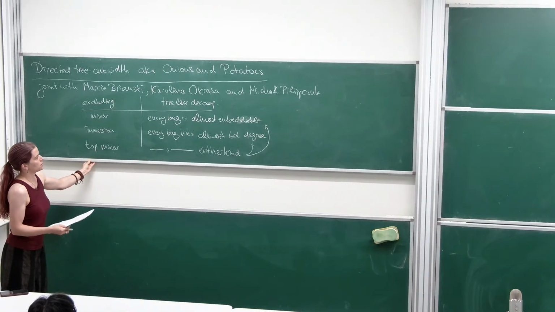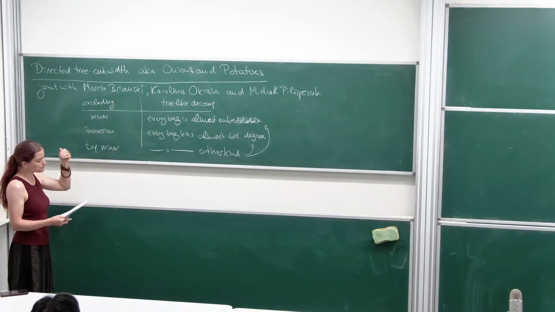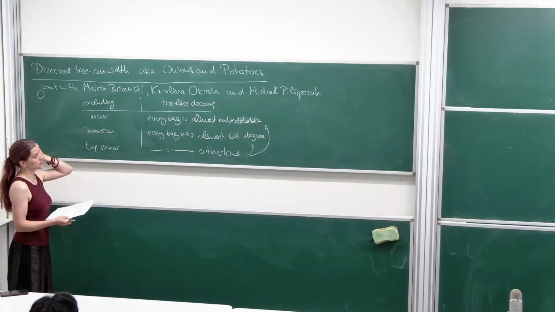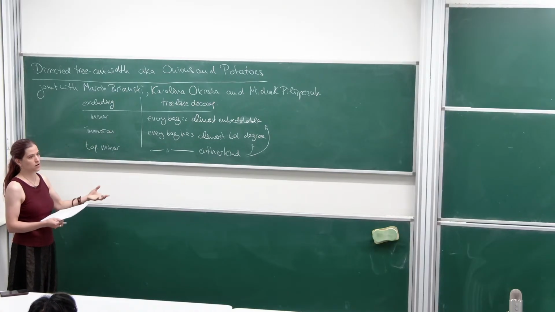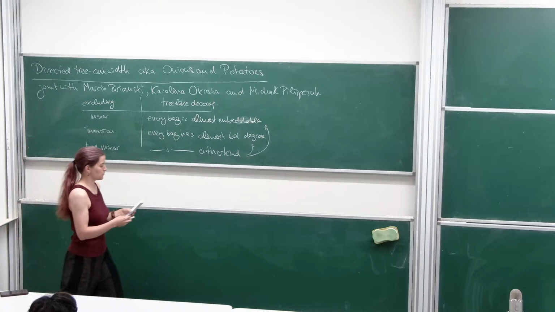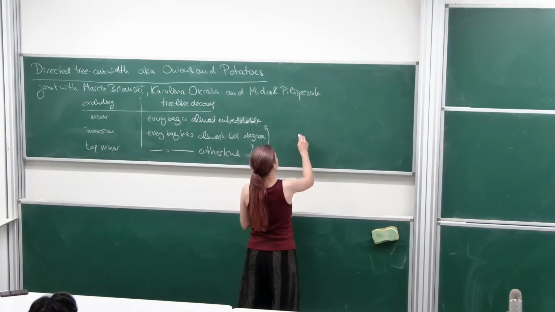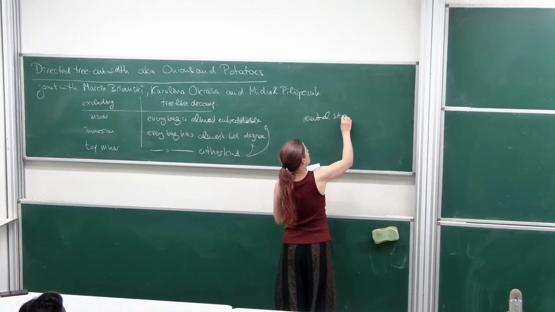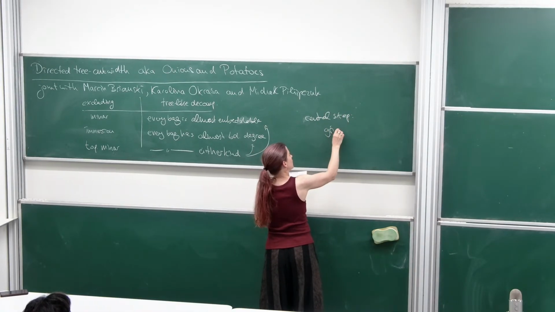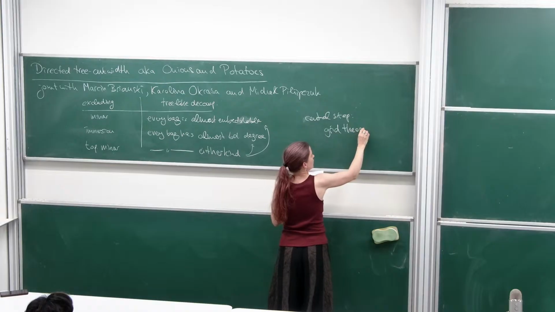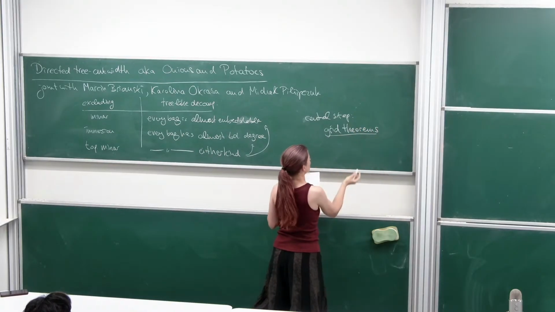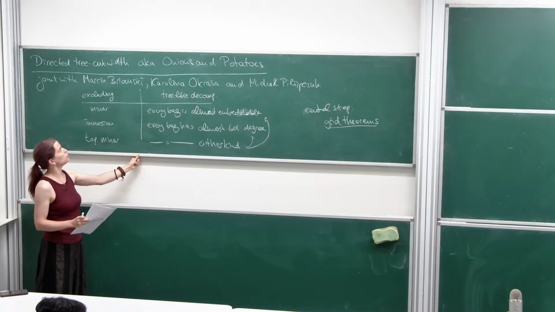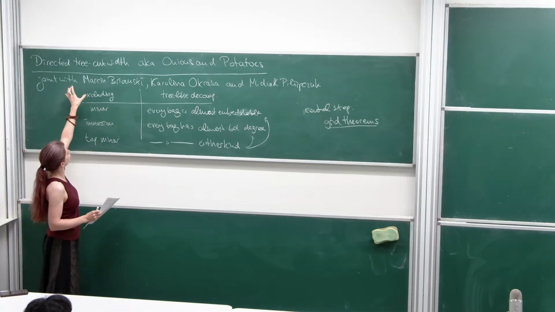At the base of a lot of these structural insights there is something called a grid theory. What I will present today is also a grid theorem for this width measure, directed tree-cutwidth.